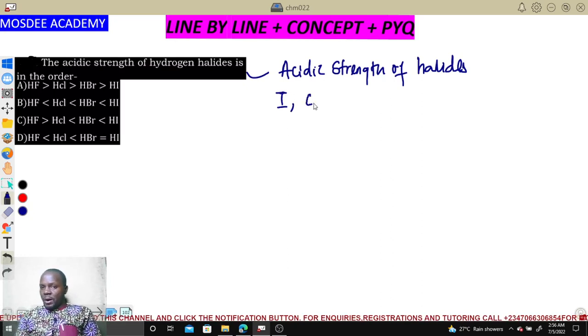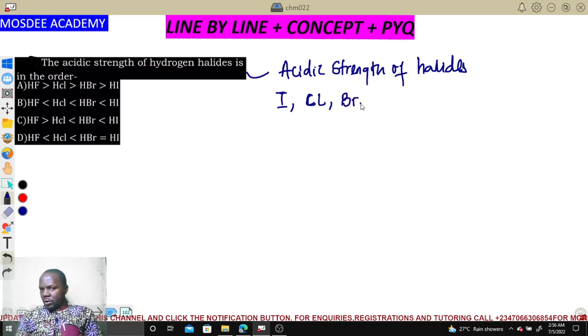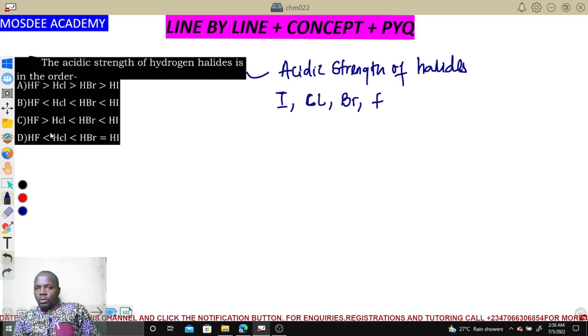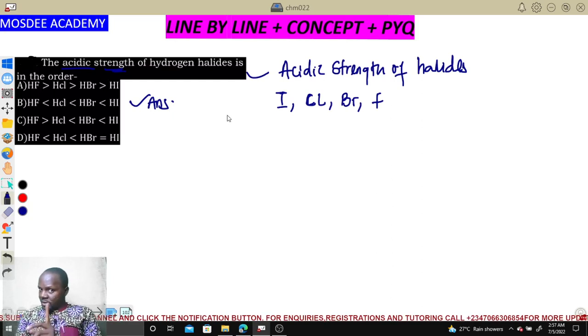After iodine, we talk about bromine, then chlorine, then fluorine. So it is just the opposite of what we've been talking about since morning. The correct trend is not greater than, it is less than, option B. Please note that, it's very important to keep that in mind for those A-level students.